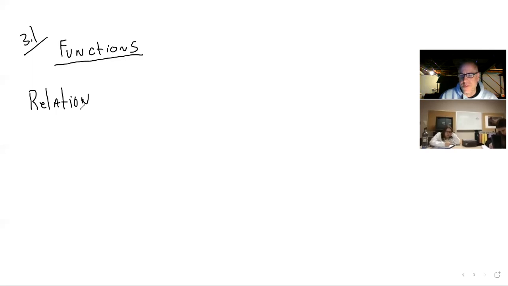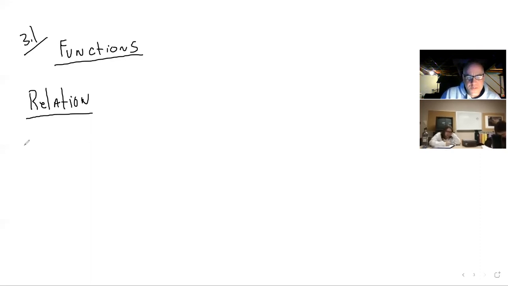Just keep it really simple. I'm not writing it down, just verbally saying it's a set of ordered pairs in which there's some way that x coordinates are related to y coordinates. I'm going to call the set of all x coordinates the domain, and I'm going to call the set of all the y coordinates the range.